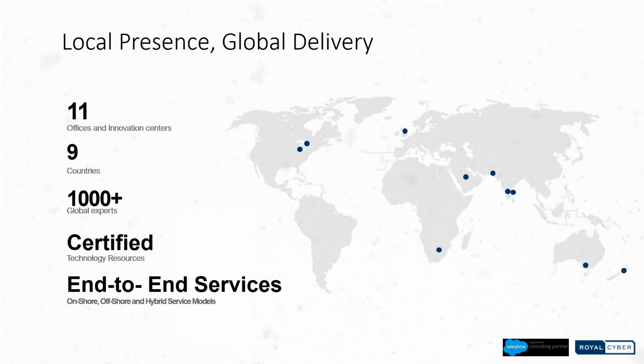Our offshore development engine lies completely in India and Pakistan, where more than 500-600 people work. Most of our resources are certified in their specific domains. If somebody is not certified, we get that resource certified, and the certification is reimbursed by Royal Cyber. This is how our delivery model works. We provide end-to-end services with onshore, offshore, and a hybrid model, where we provide resources mixed from our onshore and offshore locations.